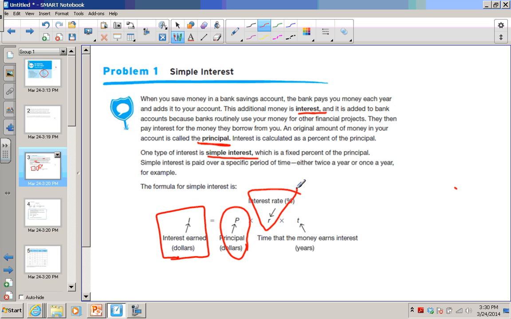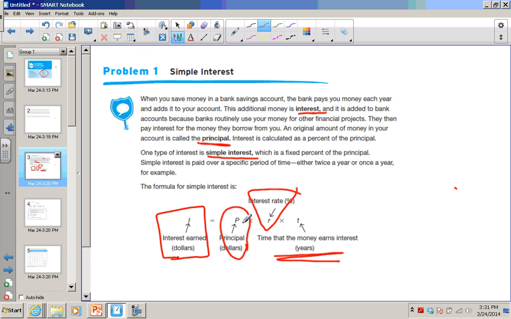The interest rate is the percentage, whatever your bank establishes for that. And then the T is the time that the money earns interest. So how long has that money been sitting there?